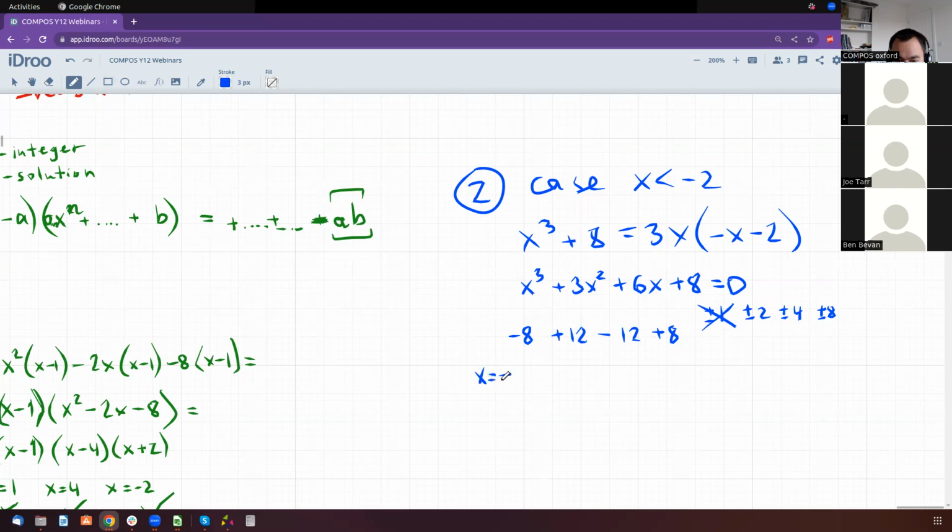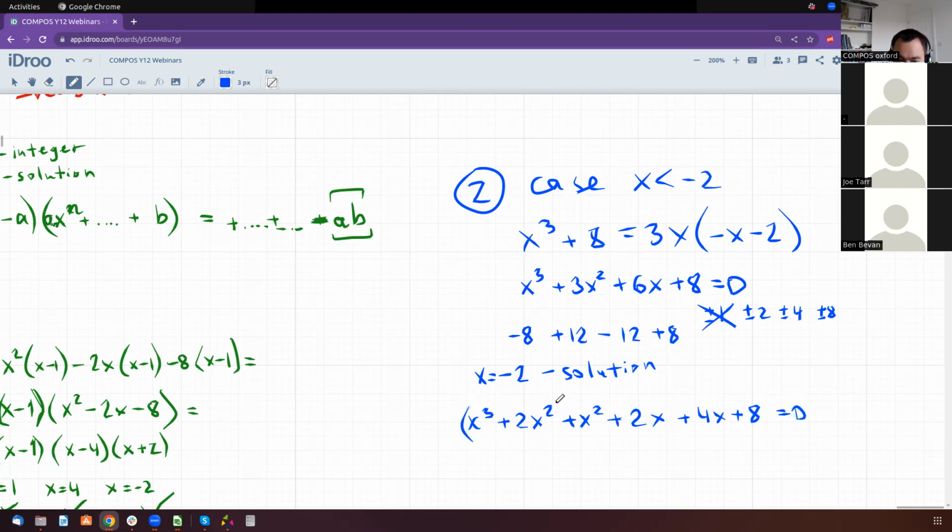x equals -2 is the solution. So you can factor out x plus 2. So x cubed plus 2x squared plus x squared plus 2x plus 4x plus 8 equals 0.